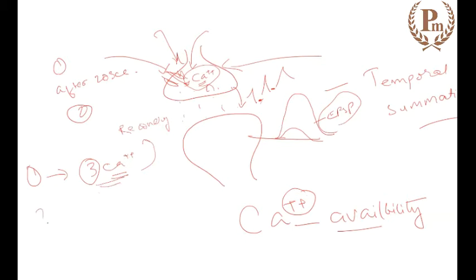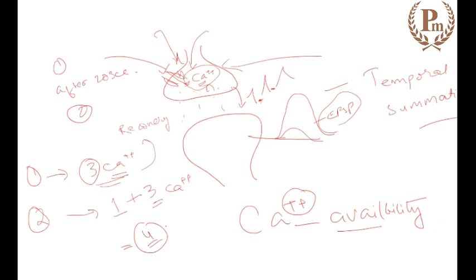Suppose when my second stimulus came, I already had one calcium left over from the previous one, which has not been completely reuptaken. And my second stimulus is giving me 3 more calcium ions. Now, in total, how many calcium ions do I have? 4 calcium ions. So there is an increase in the availability of calcium ions.